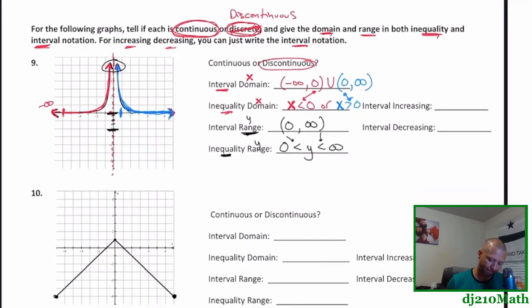Okay. Now we're talking interval notation for increasing and decreasing. So remember, increasing and decreasing always get parentheses no matter what. For increasing, we always start from left to right.